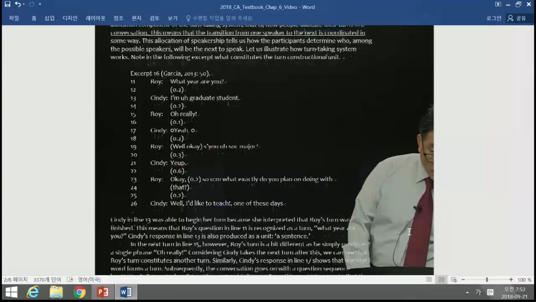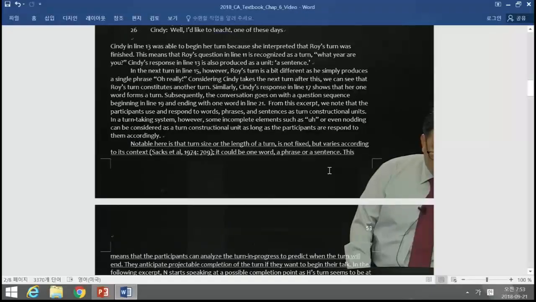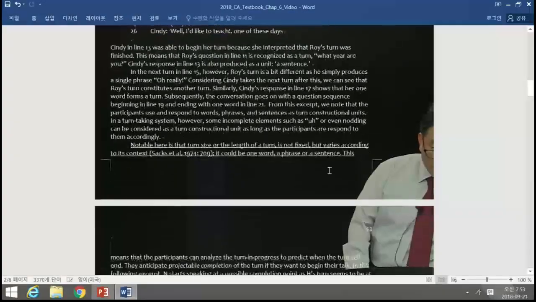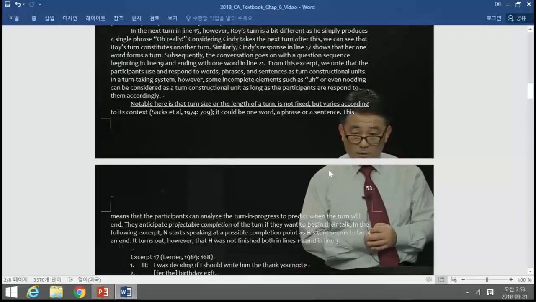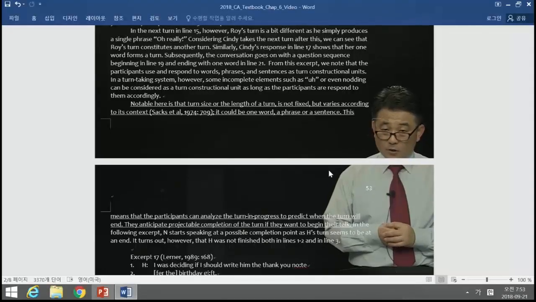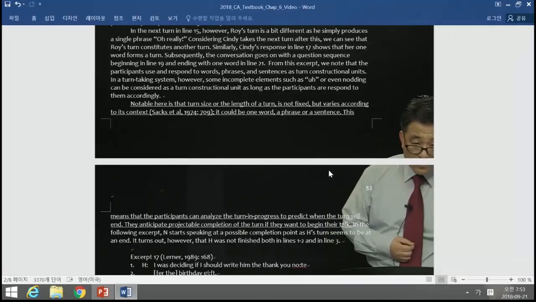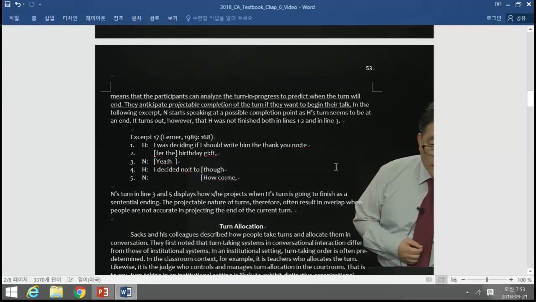So let's go down here. Note over here that the turn size, or the length of turn, is not fixed, but varies according to its context. It could be a one word or phrase or sentence. This means that the participants can analyze the turn in progress to predict when the turn will end.